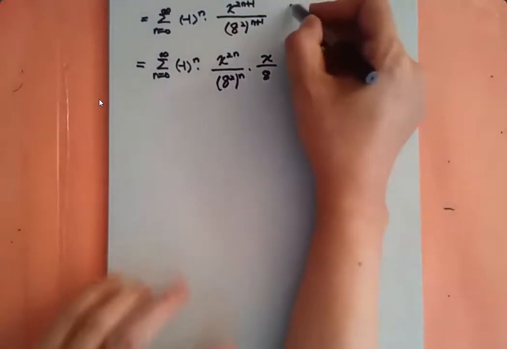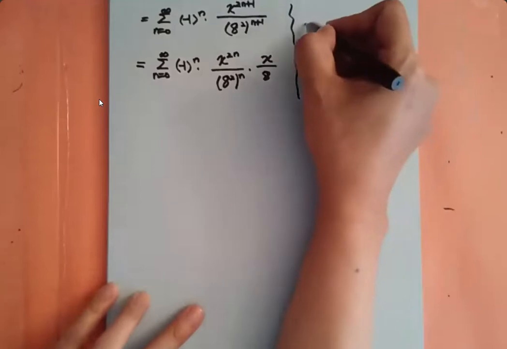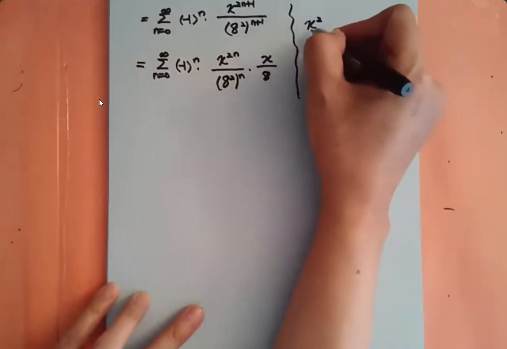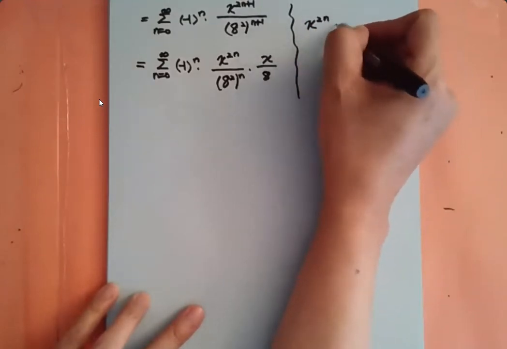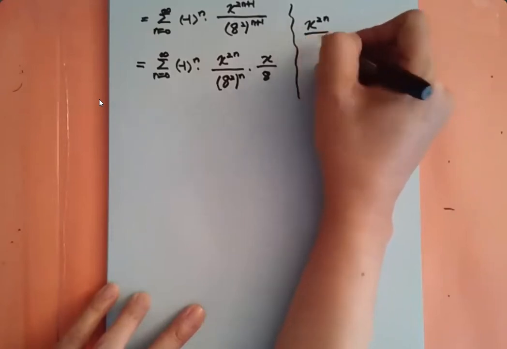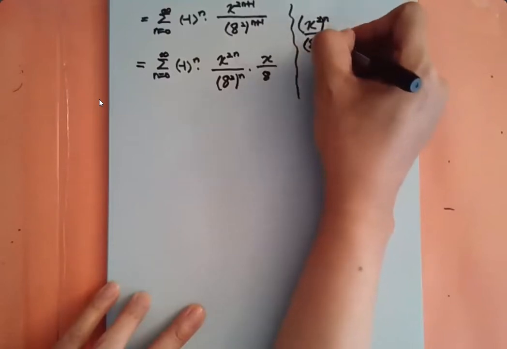And so what happens here is x to the 2n power over 8 squared to the n power can be written like this, right?